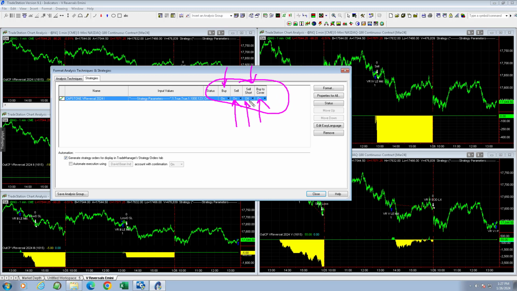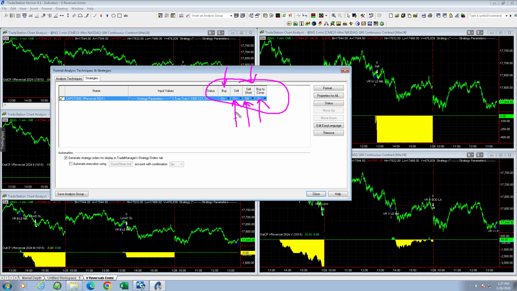To make this long only in a strategy that includes long and short, you simply set this to off, and you can see the long only trades. There's also an exit only in Tradestation where it would take a sell signal and make it an exit of a long signal to add an additional exit in your setup.